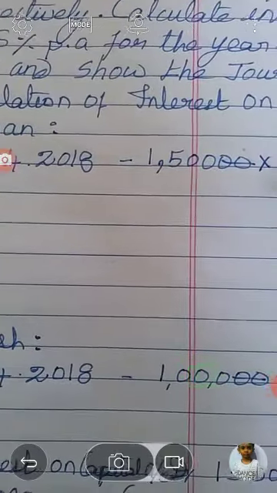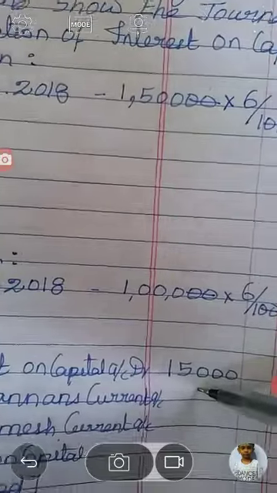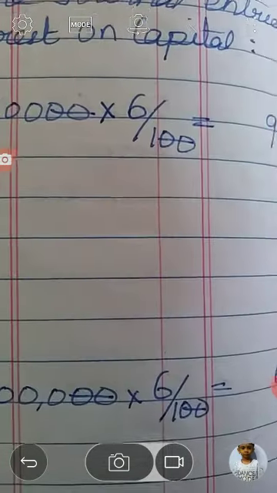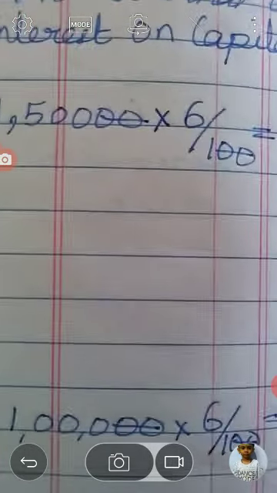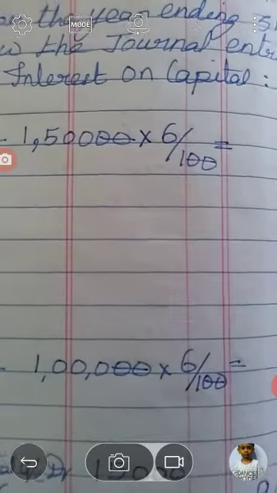Mannan's capital is 1,50,000 and Ramesh's capital is 1 lakh. No additional capital is introduced by the two partners. They simply introduced capital on 1st April only.